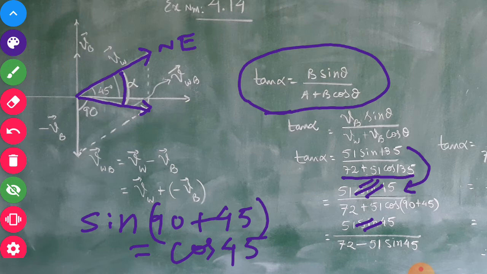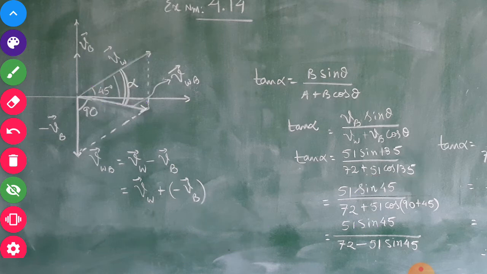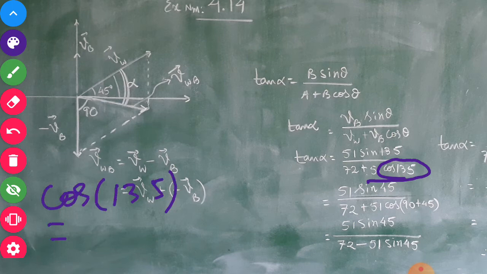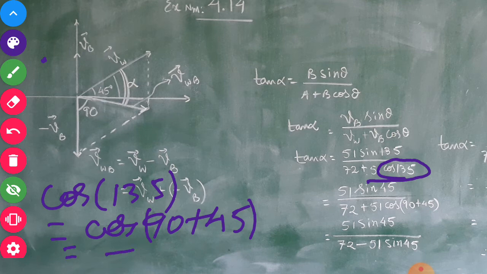In the denominator, try to understand one part, which is cos 135. Now cos 135 is cos(90 plus 45), and 90 plus 45 is in the second quadrant, and in the second quadrant cos theta is negative, so it becomes minus sin 45. Whenever theta is 90 you have to change the function, so cos becomes sin, and it becomes minus sin 45.